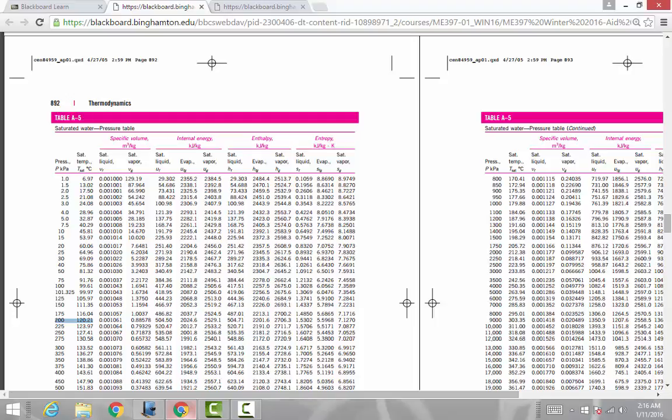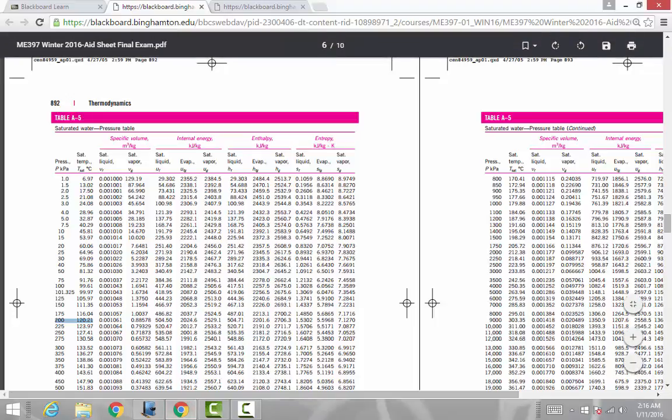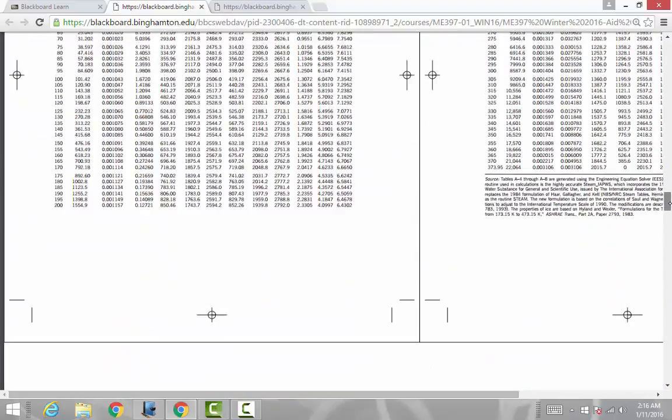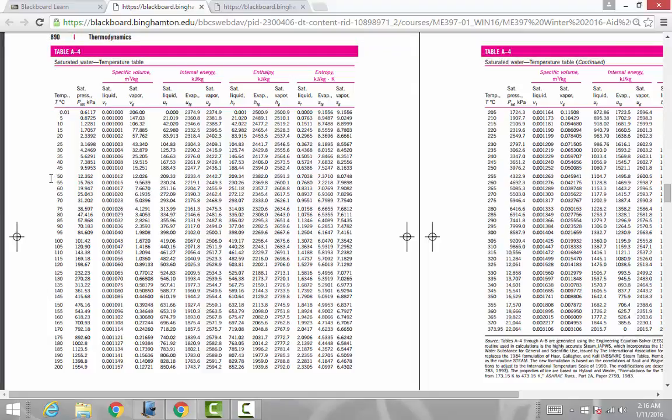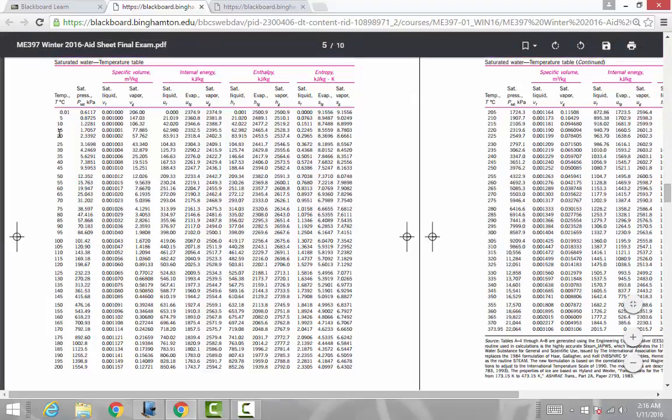there's just one difference between these two tables. On this table, A-5, the first column is pressure, then temperature. But at the other one, A-4, the first column is temperature. So they're just one table. They're the same, but these are rounded numbers, so it depends on your convenience.